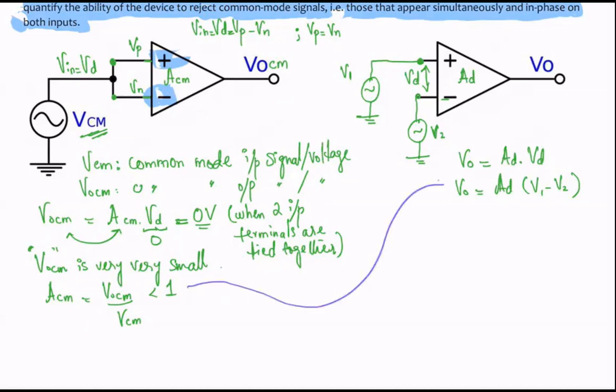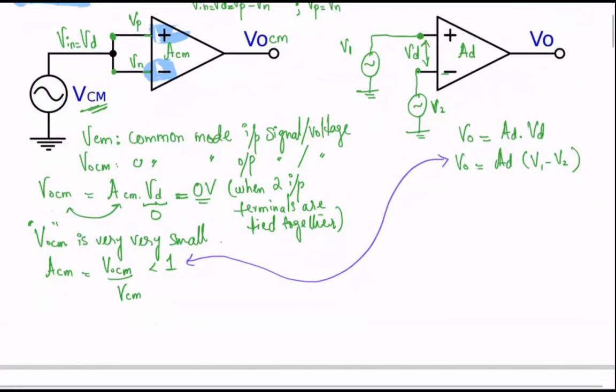And what is the relationship between these two parameters? Well, your CMRR, common mode rejection ratio, is equal to AD, differential gain, over common mode gain. How do you get a differential gain? Well, we get it from here, and ACM, we get it from here, correct?